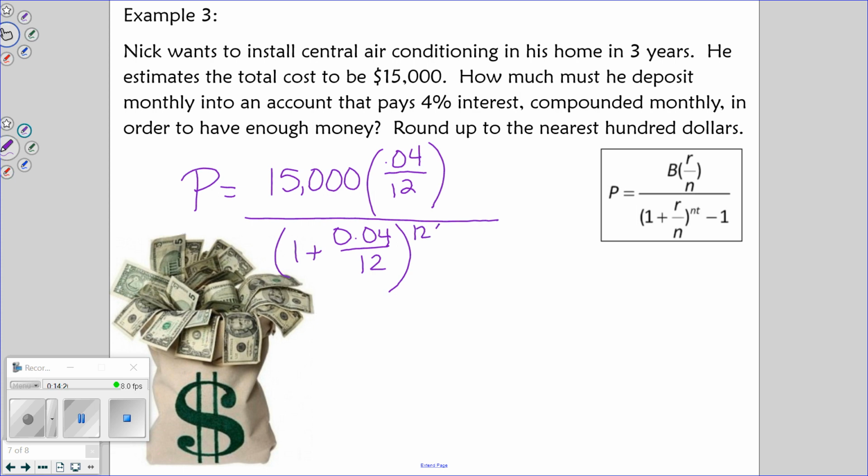Then it'll be 12 times how many years? Minus 1. What? $300? No. $400. Yeah, because you should get $392.86. Uh-oh. So then that would round to $400.